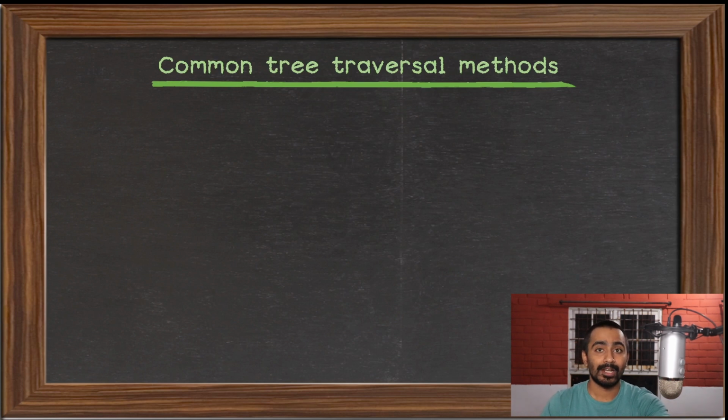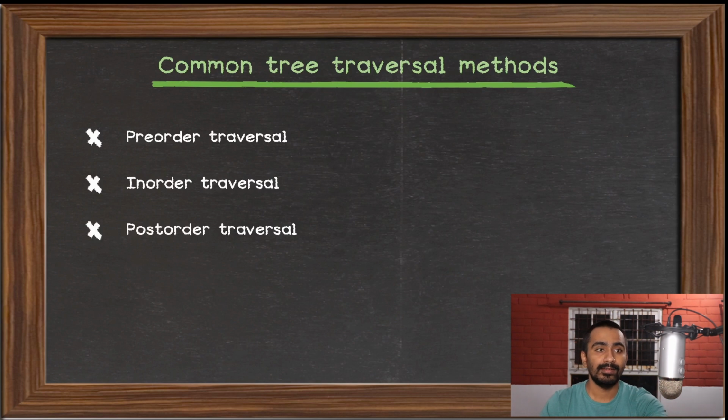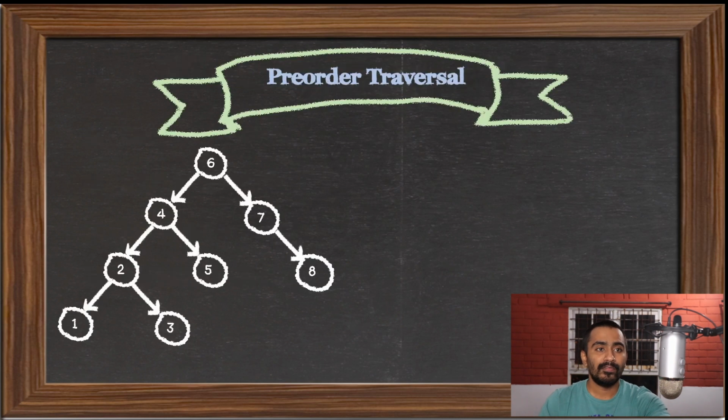They are Preorder Traversal, Inorder Traversal, Postorder Traversal, and Level Order Traversal. In this video, I'm going to talk about the first three methods. I will cover Level Order Traversal in the next video. We will first look at Preorder Traversal, followed by Inorder Traversal and then Postorder Traversal.